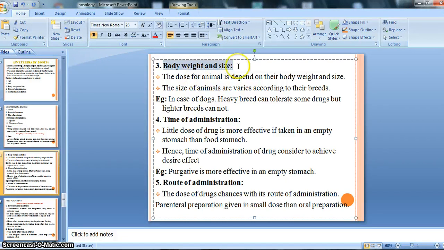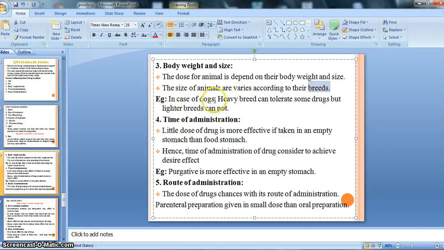Means according to body weight and size we can prescribe the dose. The size of animals varies according to their breeds. According to their breeds, the size and surface area of animals are different.